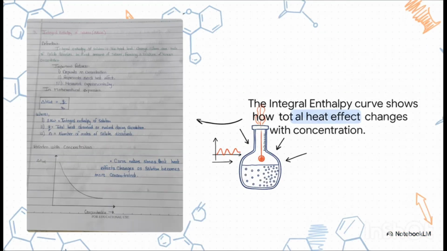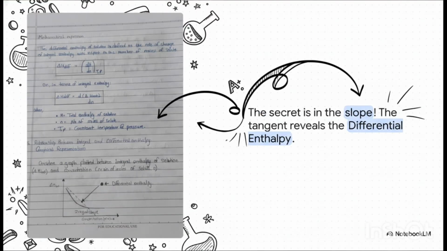All right, let's check out this curve. On the vertical axis, you've got the integral enthalpy. That's our GPA. And on the horizontal axis, you have the concentration. You can see right away that as the solution gets more concentrated, the overall heat effect changes. And importantly, it is not a straight line. And here is where the magic happens. This is how they connect.